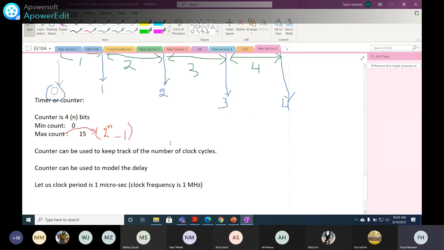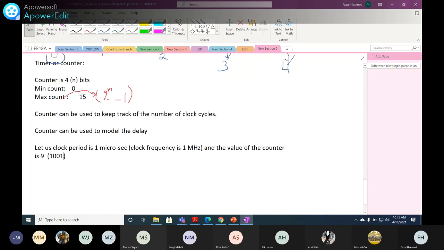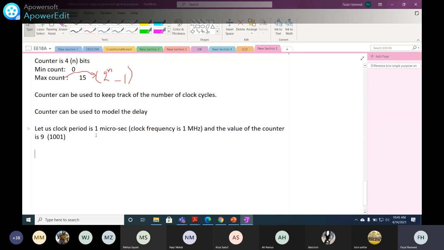Right, the inverse of this 1 megahertz gives the clock period of 1 microsecond. Let's say the value of the counter is 9. Since it's a 4-bit counter, the value will be 1001. So what's the delay now?